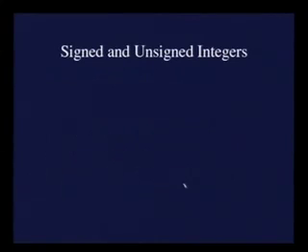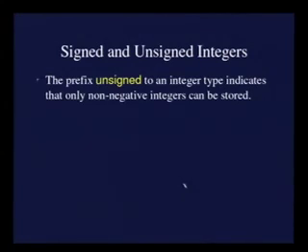So let's first focus our attention on signed and unsigned integers. If we prefix the word unsigned, which incidentally is another keyword, a new keyword that we are introducing now, to an integer type, then that's again an integer type, but it indicates a type where only non-negative integers can be stored. That is either 0 or positive integers.